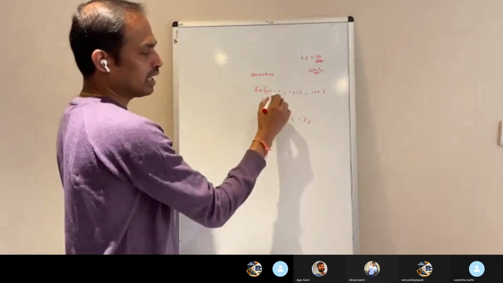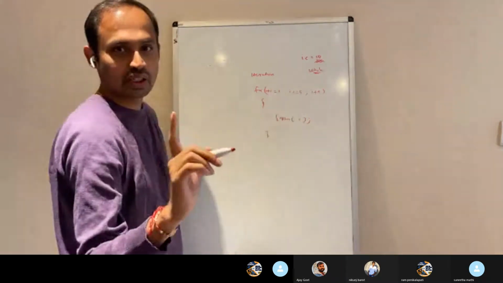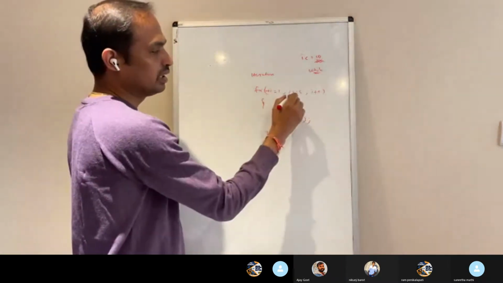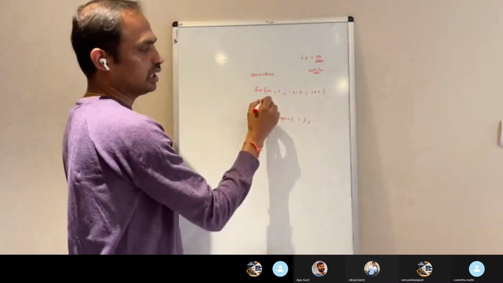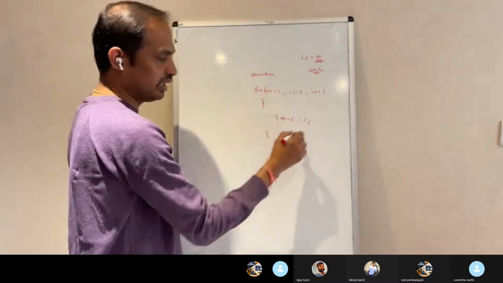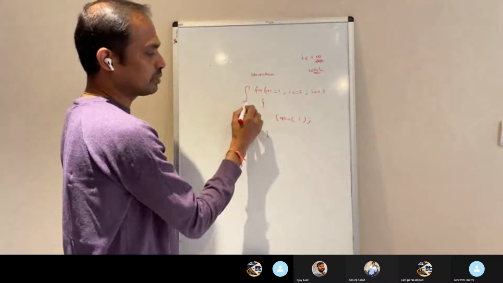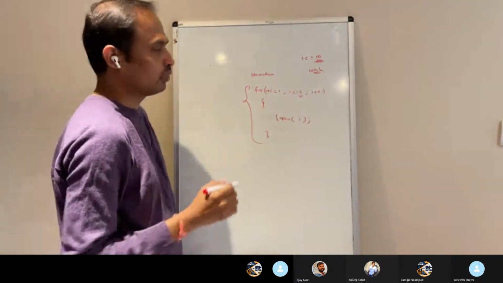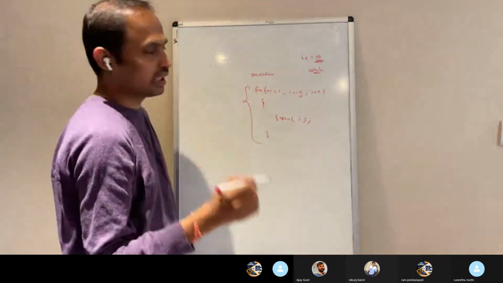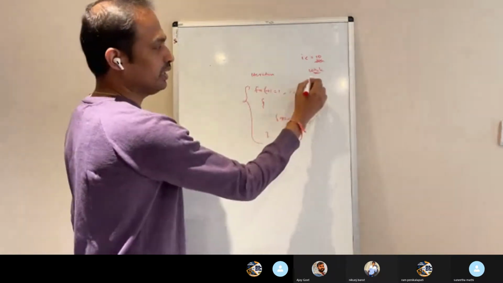One iteration means i is equal to 1, it will loop and go back here. That we call one iteration. i increments to 2, less than or equal to 5, true, it will come and print and go. This is second iteration, third, fourth, fifth iteration. So it will iterate 5 times, because we know already how many times it has to iterate. If we don't know how many times it has to iterate, then we go for while loop.